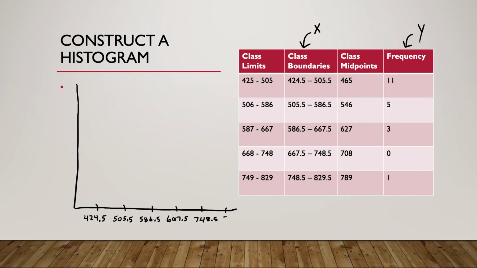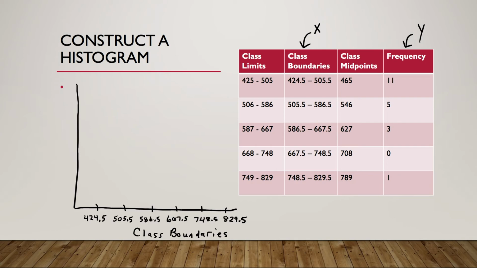And finally 829.5. Again, if you know what your data represents, you can use something along those lines to write your label. If you don't, we're just simply going to write class boundaries. All right, so looking at my y values, I notice that the highest y value is 11. So again, you need to determine a scale that you can use for that.